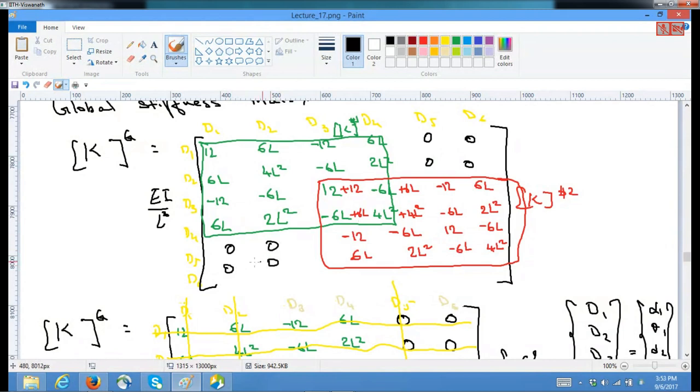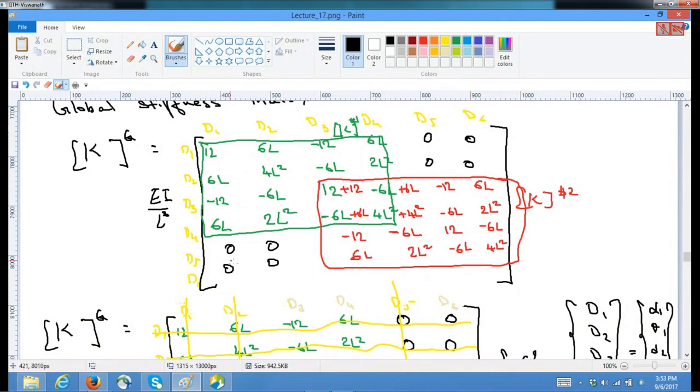These are set to zeros because they are not contributed by element 1 or element 2. Element 1 contribution sits here, element 2 contribution sits here, and there are only 2 elements. When I club it, element 1 is not connected to D5, D6, so it will not contribute. So D1, D5 is 0, D1, D6 is 0, D2, D5 is 0, D2, D6 is 0.